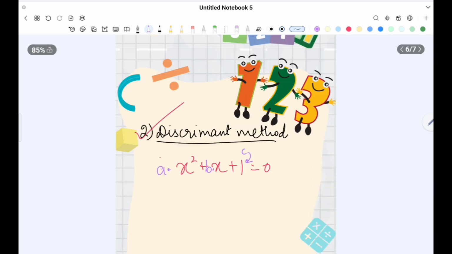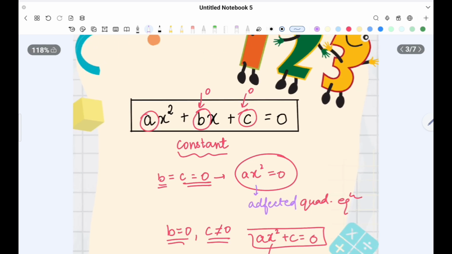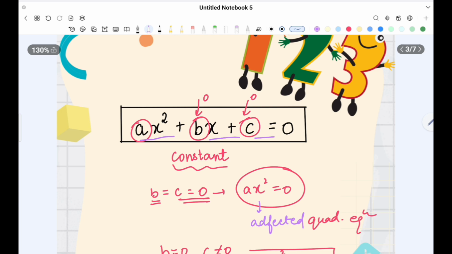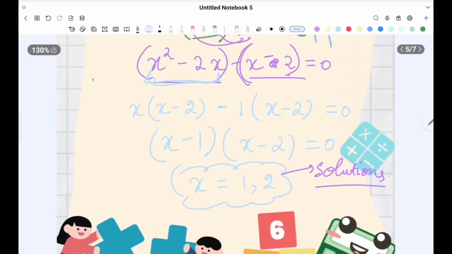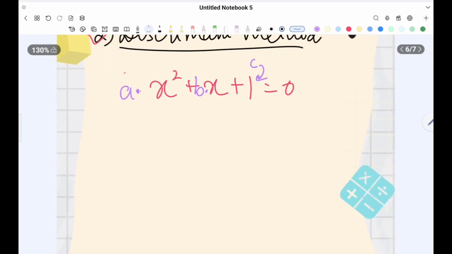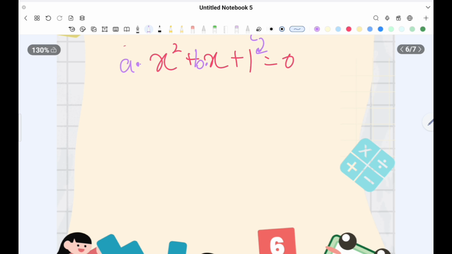We have the equation ax square plus bx plus c is equal to 0, and we have the exact copy of this equation. Now we will write this one by one. a is equal to 1, b is equal to 1 and c is also 1. Now here is a formula, the discriminant formula, which you have to learn. Now let us solve.